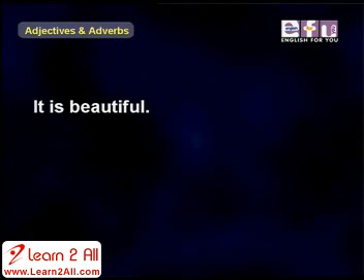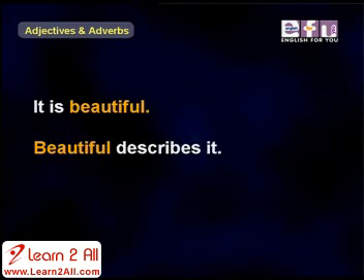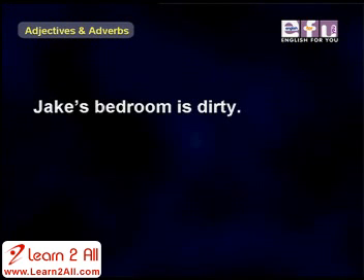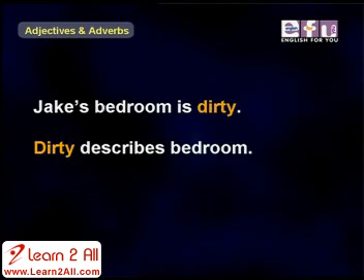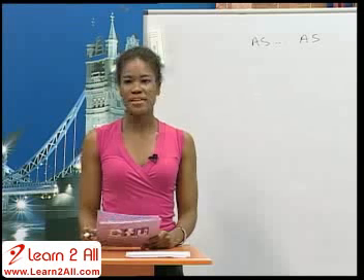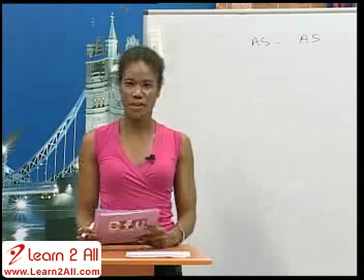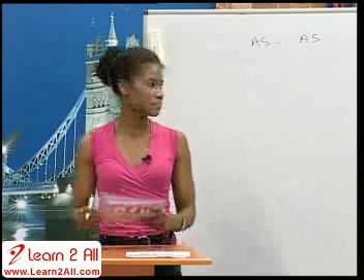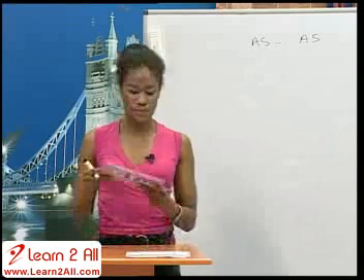It is beautiful. Beautiful describes it. So in this example, it is following the verb to be. Jake's bedroom is dirty. Dirty describes bedroom. So again, the adjective is following the verb to be. Next example.